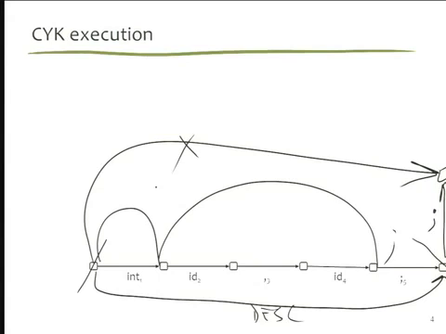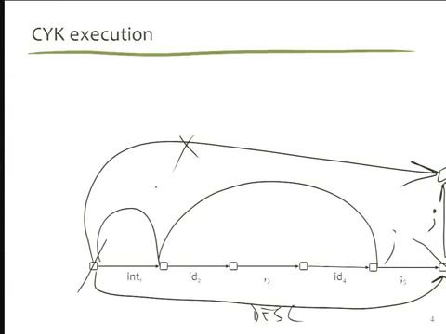Which is another way of saying: I am able to take the start non-terminal and use some productions to derive that string. We are discovering bottom up whether such a derivation is possible, and if we can place the edge, we have found this derivation. Okay?